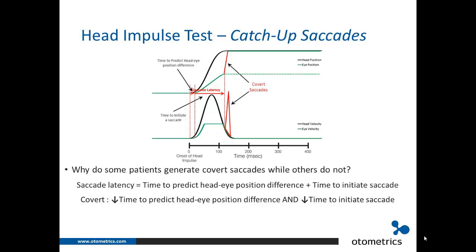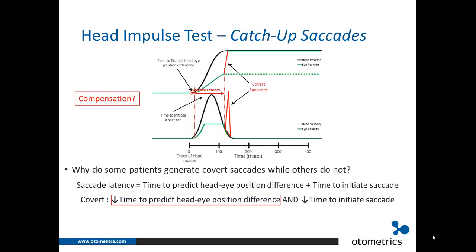For covert saccades, both these times have to be short. The time to initiate the saccade is usually fixed for most patients and is around 100 milliseconds. So earlier prediction of the head and eye position difference is mainly responsible for generating covert saccades.